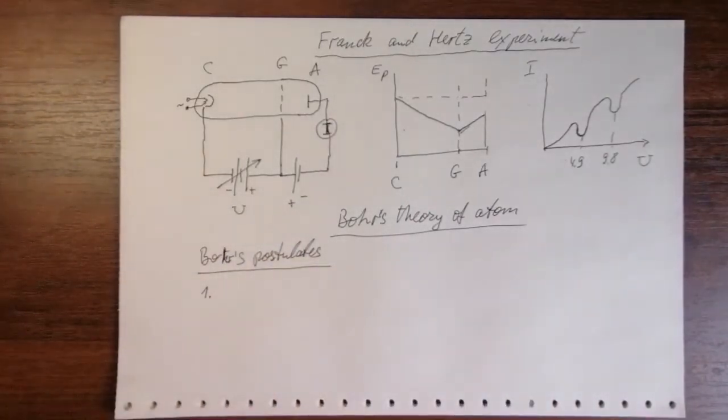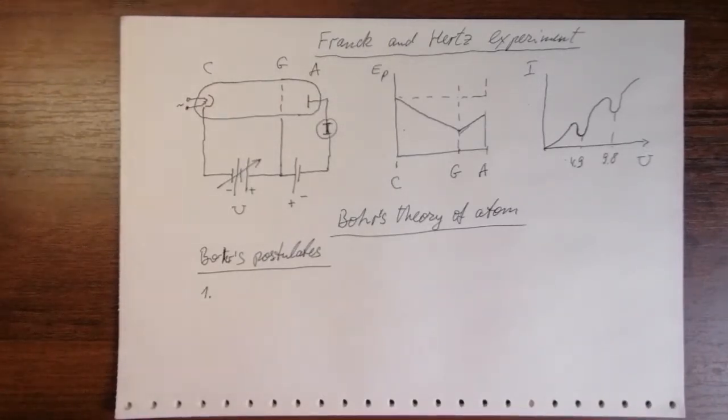The first postulate stated that, actually, what was the idea? The idea was to consider the atom like the Rutherford model. The Rutherford model means that the atom has a nucleus, and the idea was that the atom is like a planetary system. In the center of our planetary system there is a sun, and planets travel around the sun.